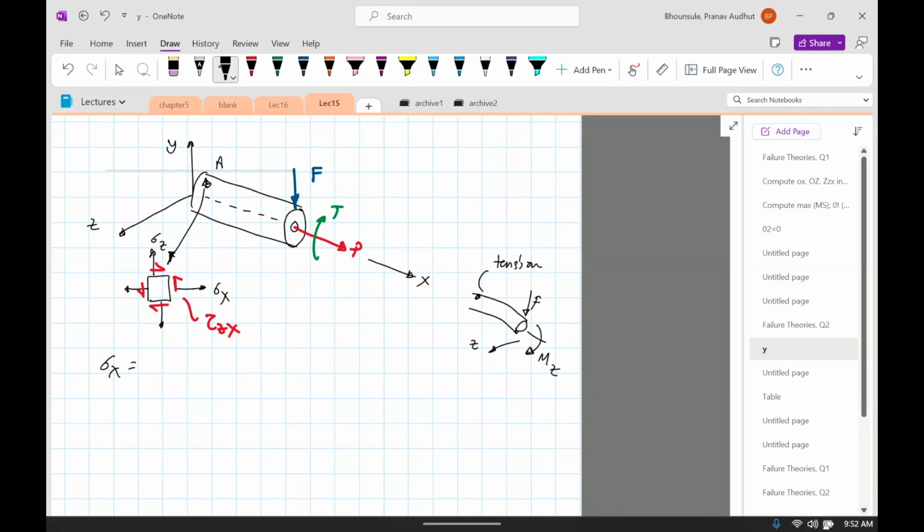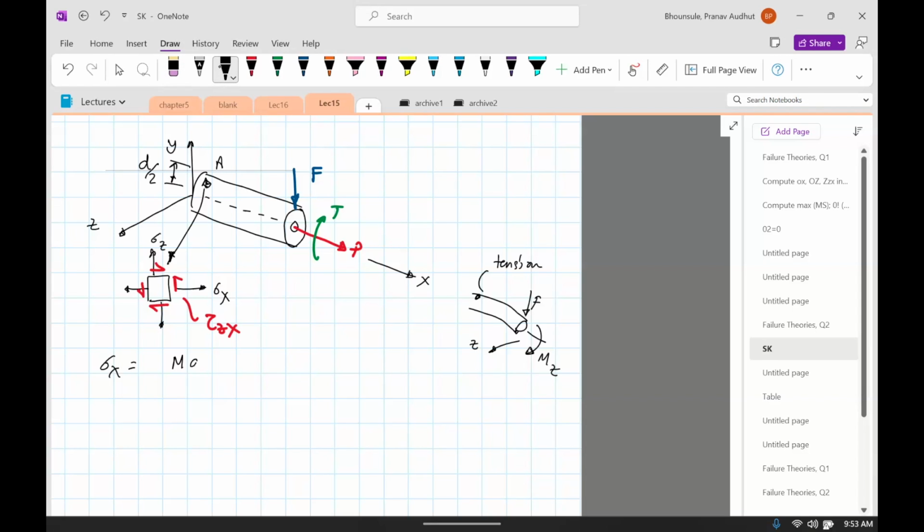So sigma x on top would be M times y divided by I. This is y. Well, y here in this case is d divided by 2, right?